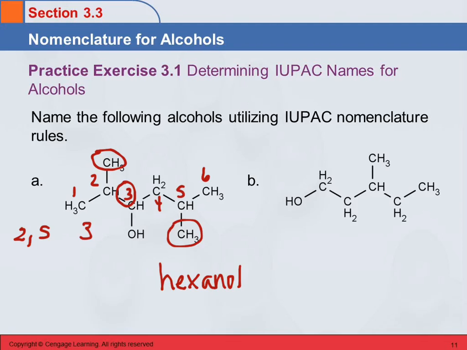What if we started at the other end? 1, 2, 3, 4, 5, 6. Well, now the alcohol is number 4. The alcohol is the most important, and so we're going to choose based on that, and so we're going to choose the red one. So this will be 3-hexanol. The 3 tells us the hydroxyl group is on the third carbon. And then we have 2 methyl groups, so that's dimethyl.